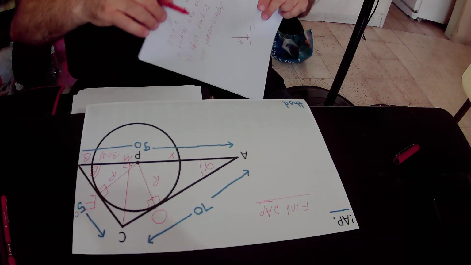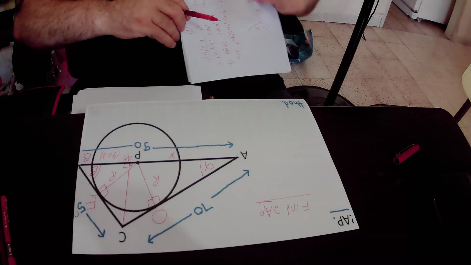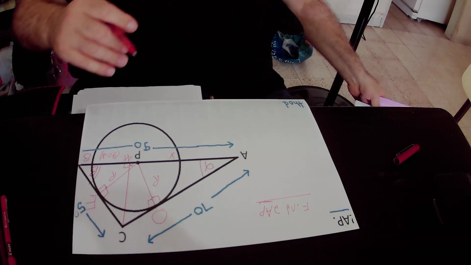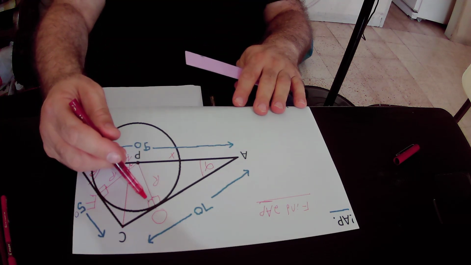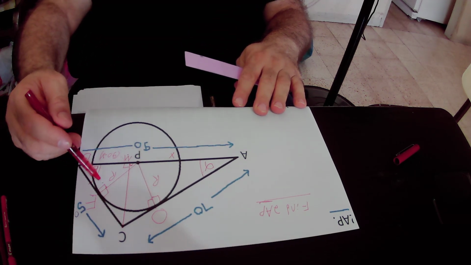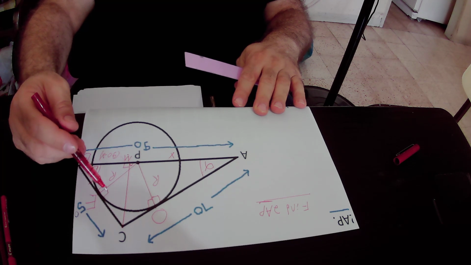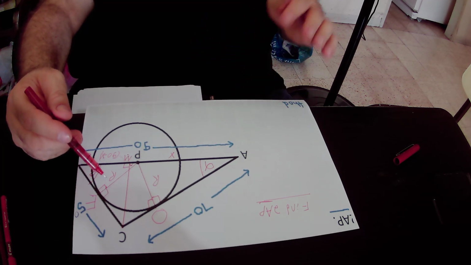Okay, so according to the rule that I mentioned, this angle is 90 degrees, and also this angle is 90 degrees, this angle is 90 degrees, and this angle is also 90 degrees.